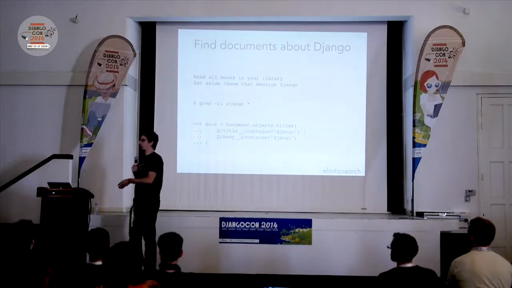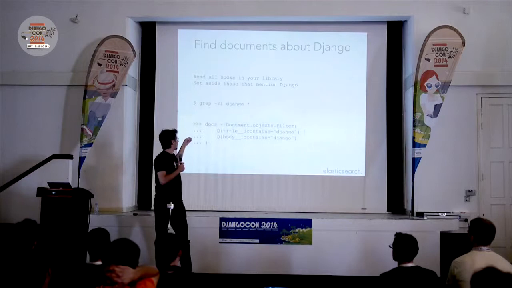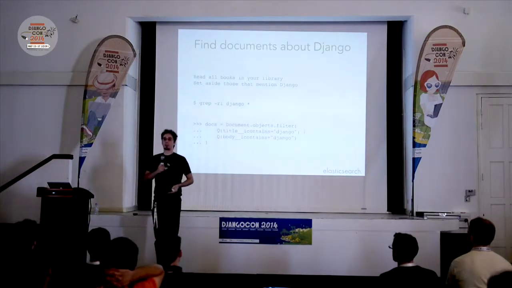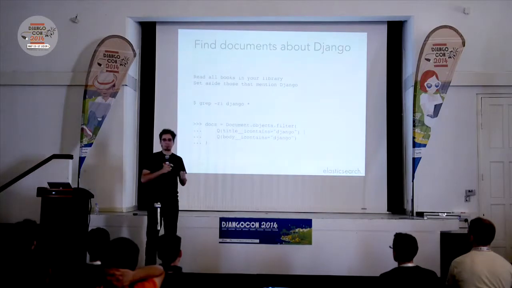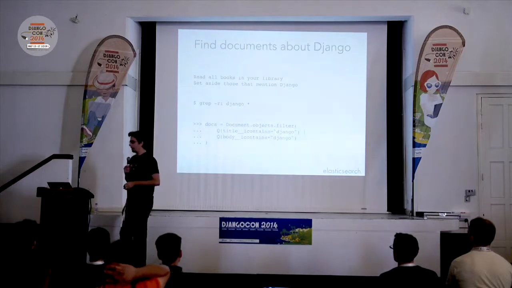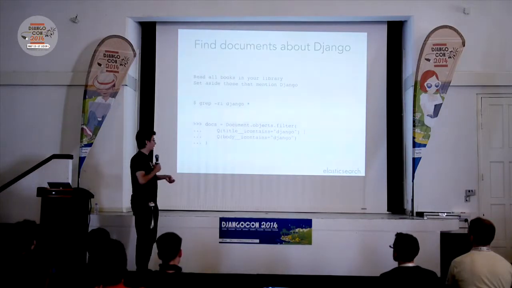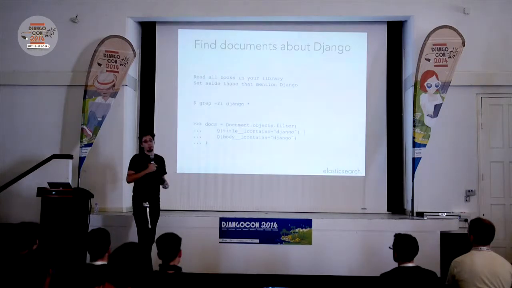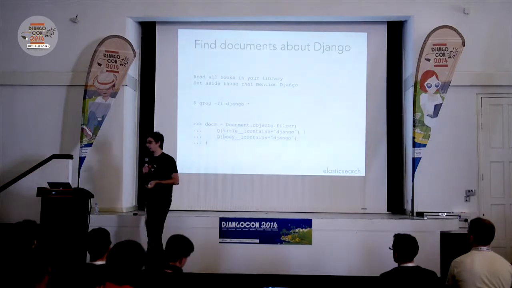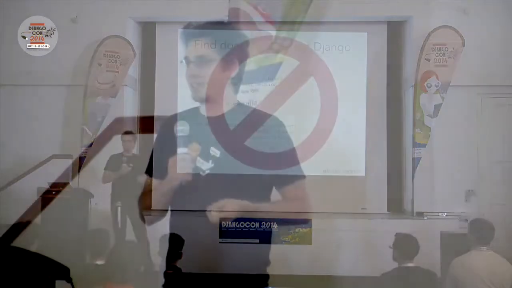In case it isn't books but files, you just do a grep -r -i Django, which is essentially the same thing except the computer is doing the reading. So it's slightly better, but not actually that much. And the equivalent in Django world is just to run a query set where you're looking in title and in body for something that contains Django, regardless of case. So again, slightly better than grep, but the very same thing.